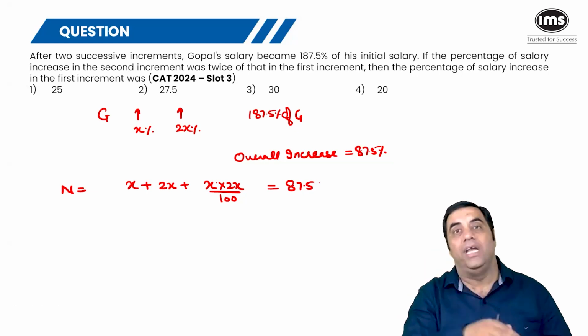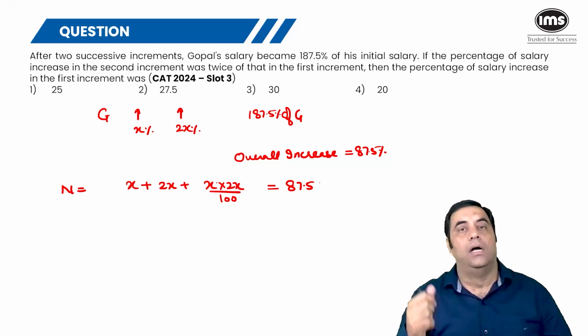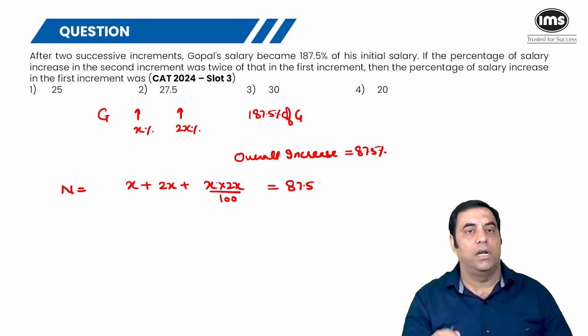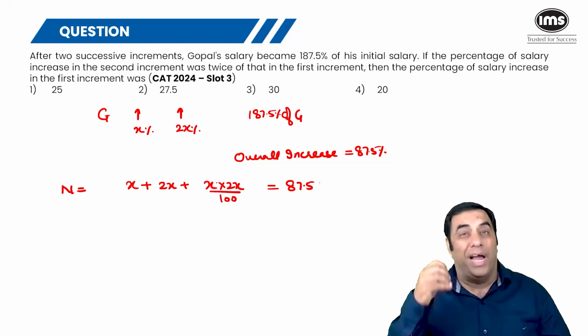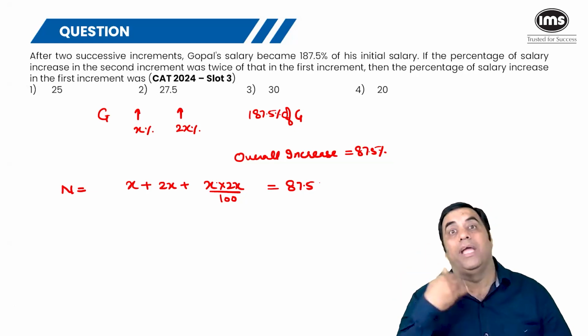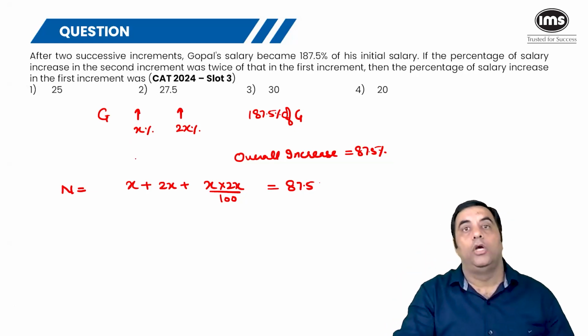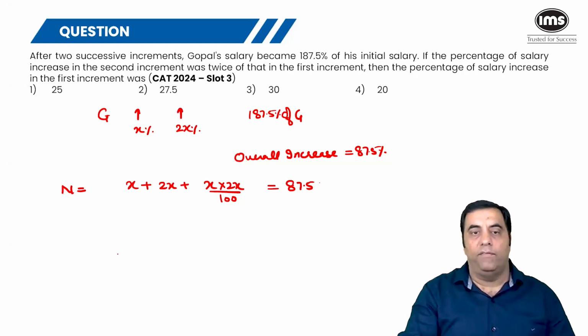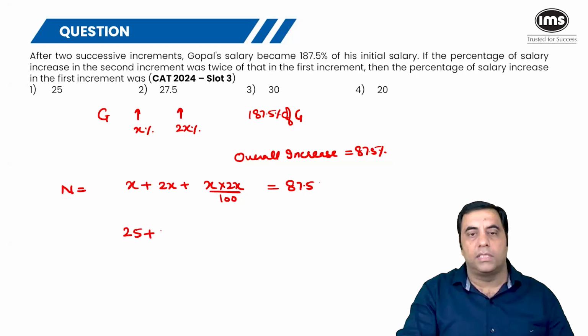Now I know the options are 20, 25, 27.5 and 30. So the two middle values are 25 and 27.5. Ideally, I should check any one, but to make my task easy, I should pick 25. And if I pick 25, then 25 plus double of that, 50, plus 25 into 50 by 100.